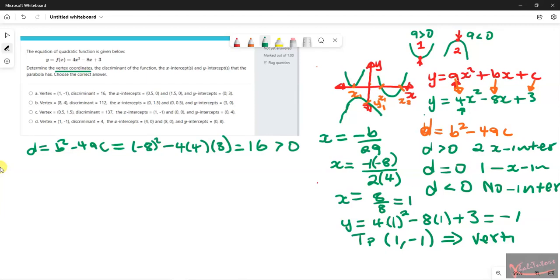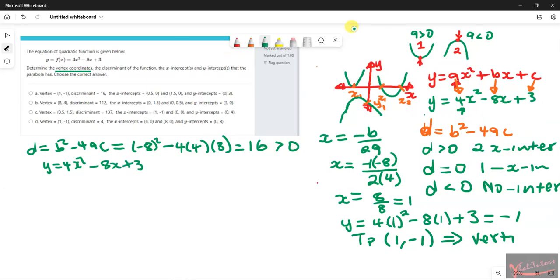So we know that information. Let's continue now. How do we go about it? We have the equation y equals 4x squared minus 8x plus 3.